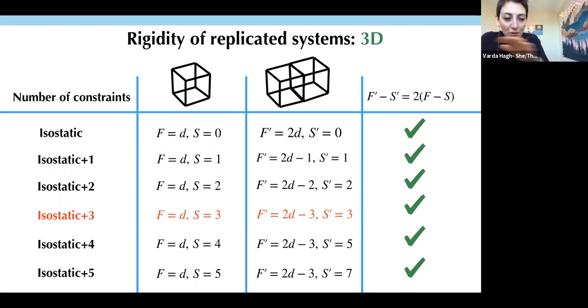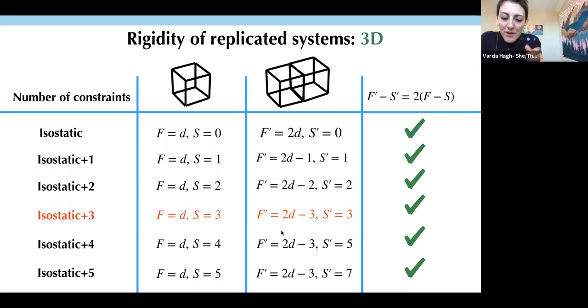As soon as you get to the point where they're the same, so the number of states of self-stress is equal to D, then nothing changes in the system. Actually the number of floppy modes is changing, but the equations are such that it seems like it's not changing. And as soon as you go above that, then by replicating a jammed packing or a jammed network, it's the states of self-stress that increase.